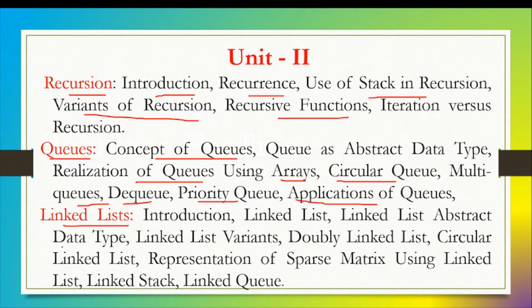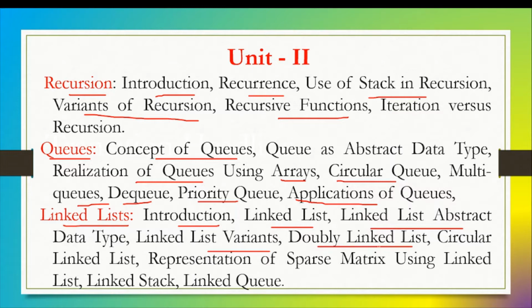And in the last chapter, the linked list, we will learn the introduction, linked list as an abstract data type, and the different variants of the linked list. We have single, double, and circular variants.